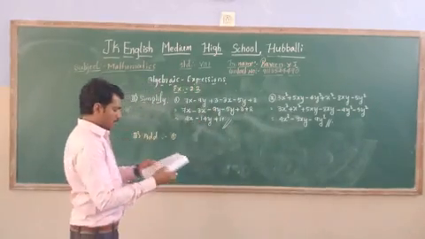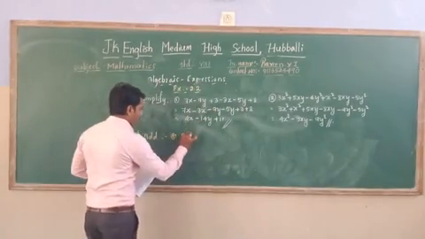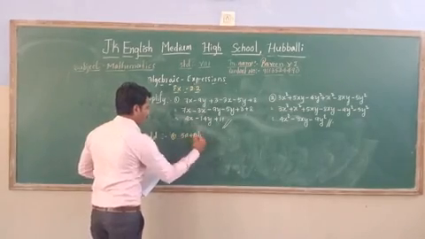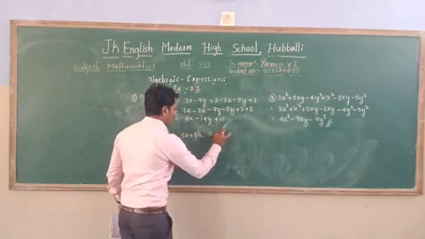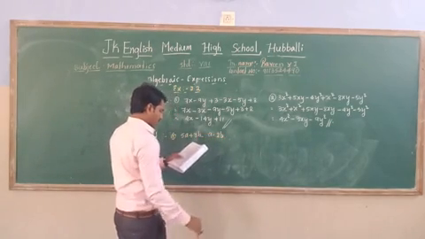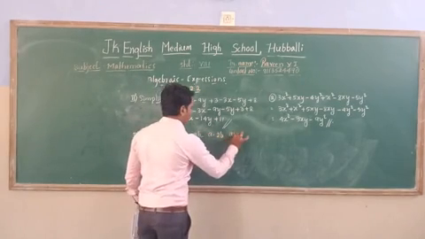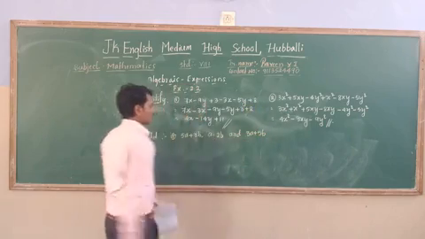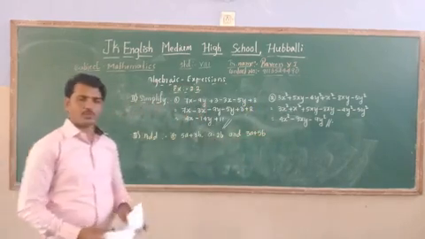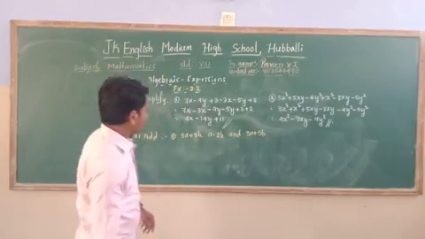5a plus 3b, a minus 2b, and 3a plus 5b. So please listen carefully.